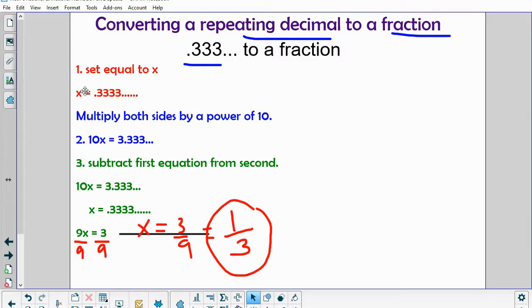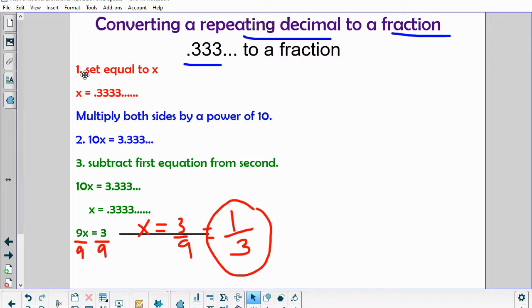So what we can do is a little exercise where we say x equals 0.33333. We just let our decimal equal x. Then we multiply both sides of our little equation by 10. So we end up with 10x equals 3.3333 repeating. And then we subtract the first equation from the second one.